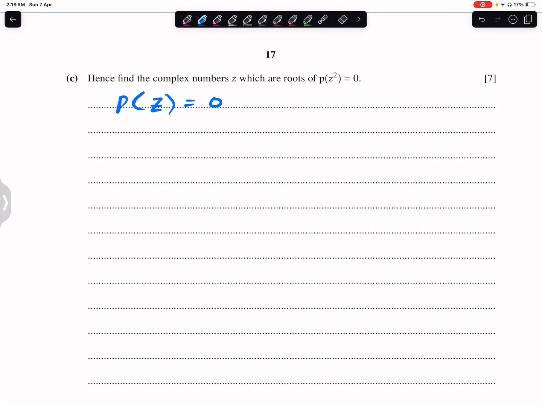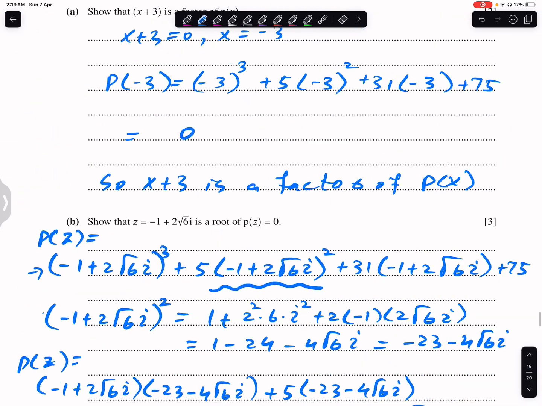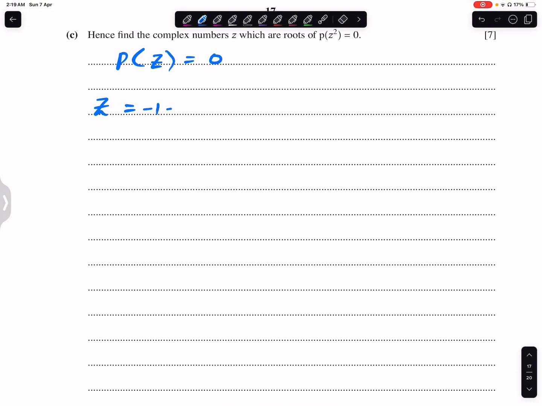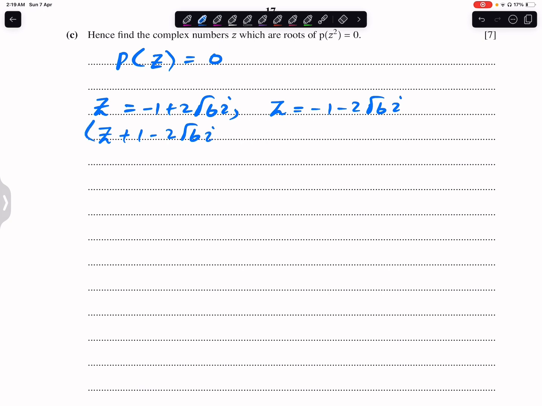As you know that the first root was z is equal to minus 3, and the second root was minus 1 plus 2 root 6i, and we know that the complex roots are in conjugate form. So the next root will be minus 1 minus 2 root 6i. So let's make a quadratic factor by bringing all the values on the left side.